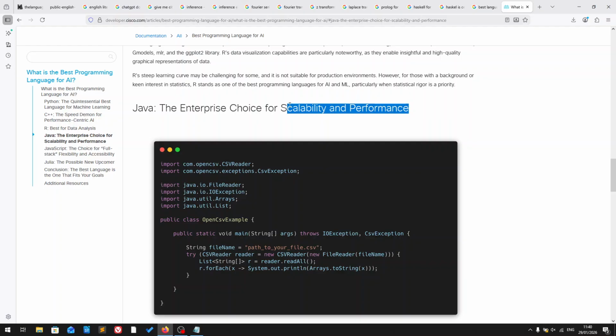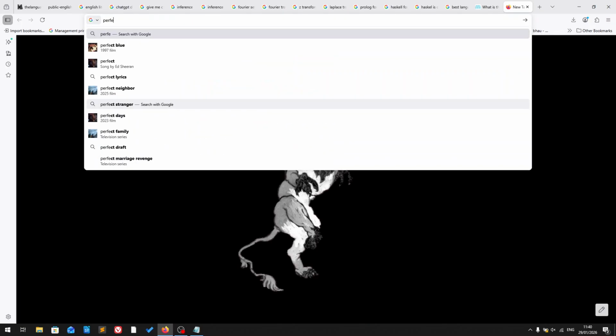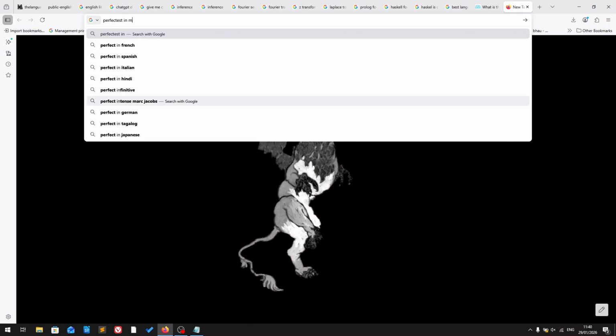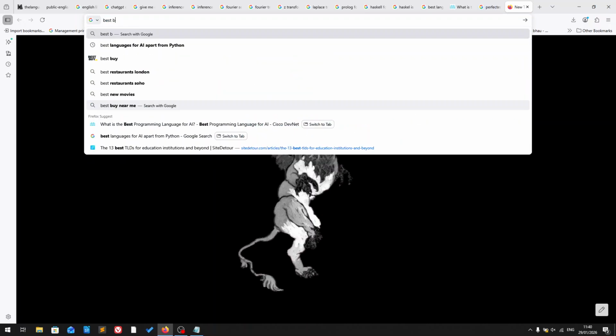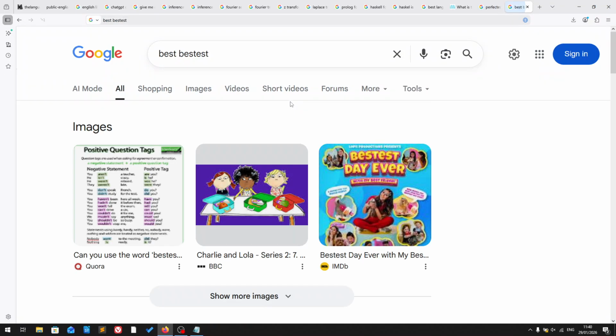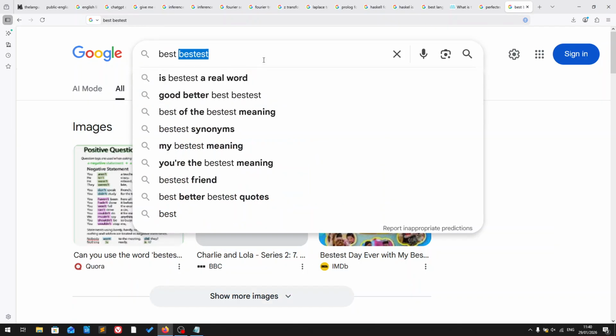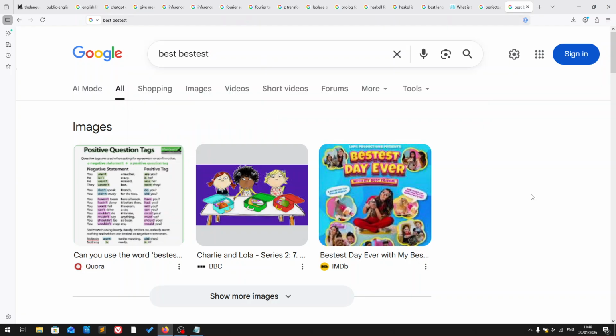I mean, the question is, for example, I came across perfect test in Macbeth, and then best and best test. So the thing is, best test can come from a lab, and then you could say that it's been found in child language acquisition and so many things around those topics of research, let's call them.